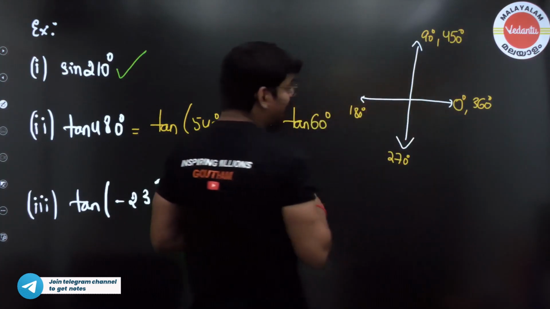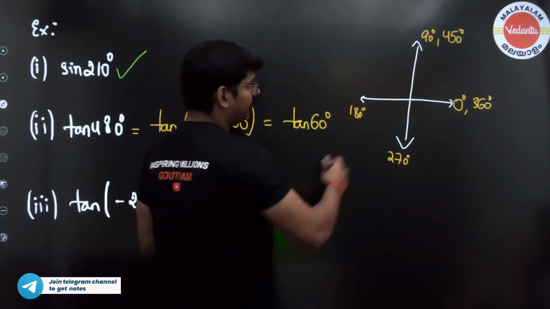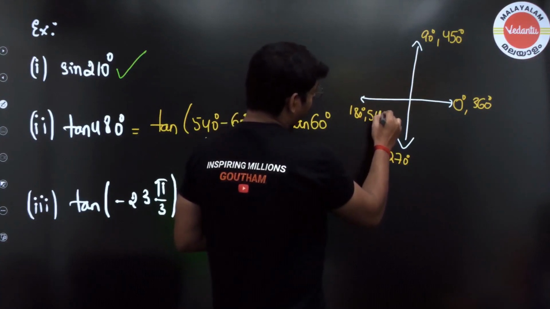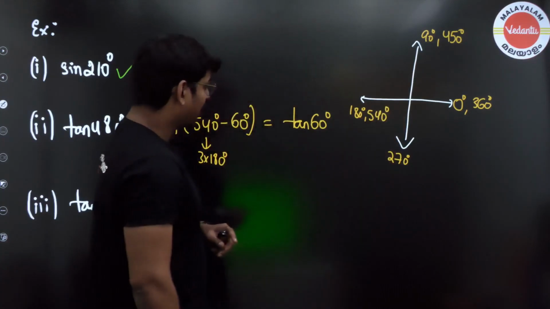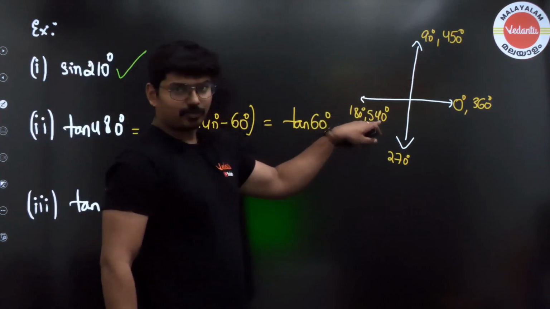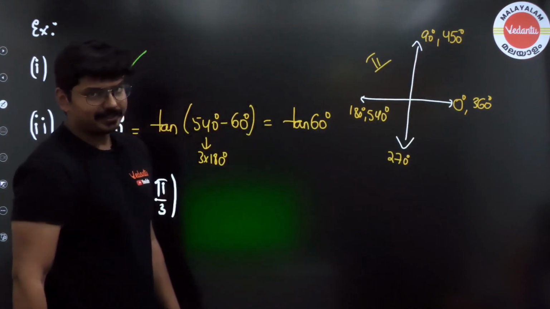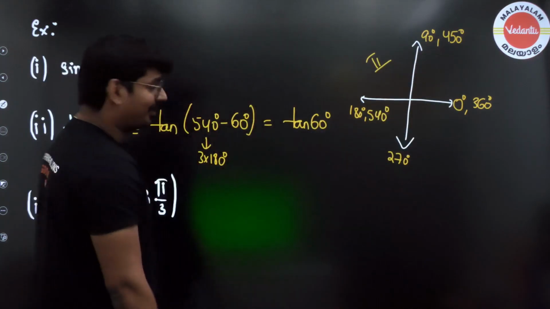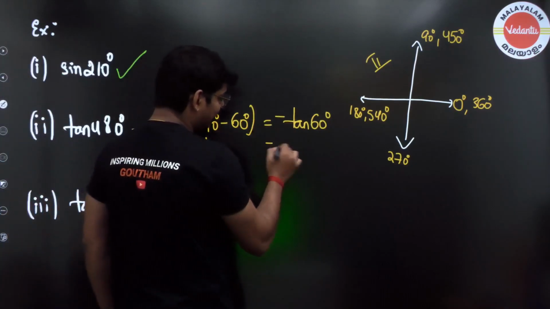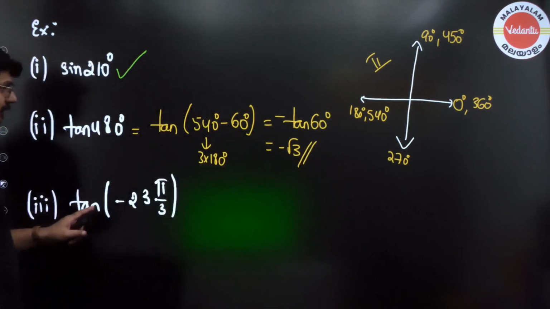Again you add 90 degrees to this, so that is where you get 540 degrees. So 480 degrees is something between 450 and 540. So it's going to lie in the second quadrant, and in the second quadrant we know that tan is negative. So it's going to be minus tan 60, and the result is minus root 3. I hope this is clear for you.